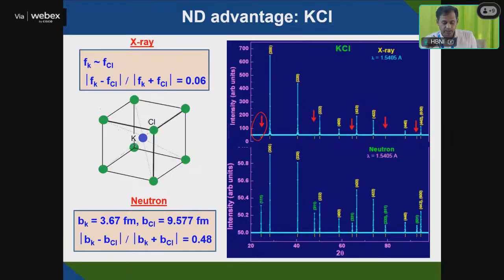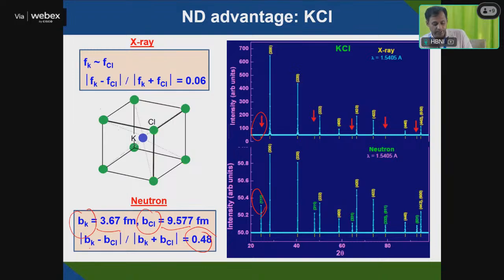But in neutron diffraction, the scattering length of potassium is 3.67 fm, and chlorine is 9.5 fm. So there is a difference, and it doesn't cancel out, so you get the peak in neutron diffraction.